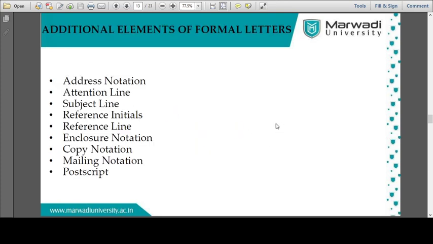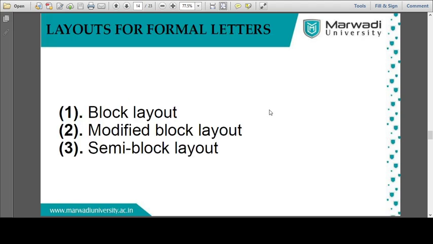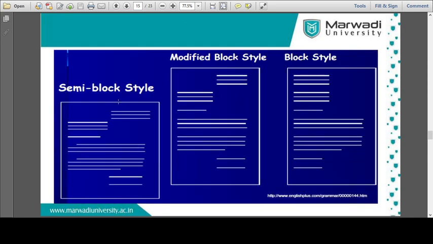Now these are the additional elements of formal letters. Now you have seen the layout. Again, look at the layout.